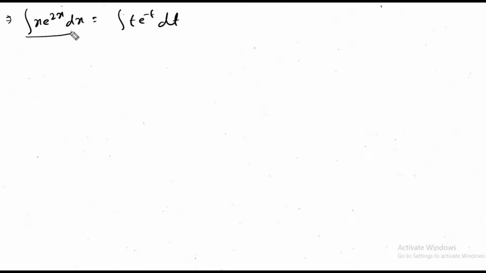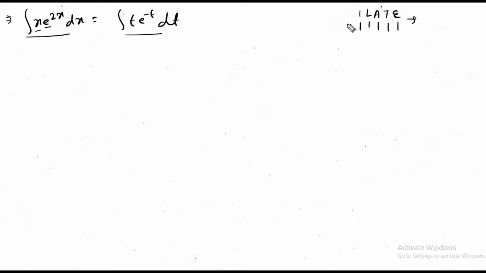For solving this equation, we need the ILATE rule. Here I is for inverse, L for logarithm, A for algebra, T for trigonometry, and E for exponential. First of all, these rules are as here x is algebraic and this is an exponential function.